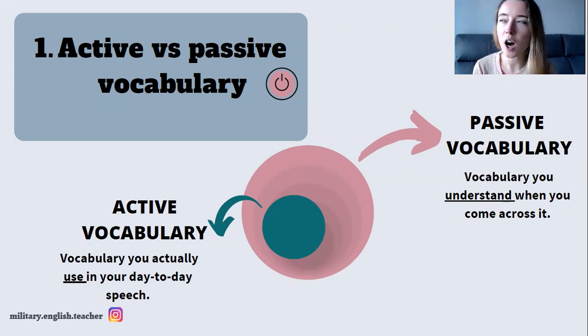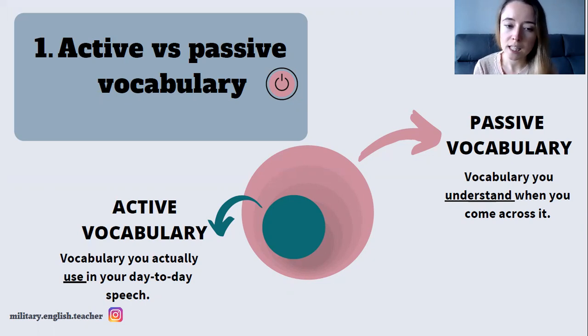Passive vocabulary is all of the words that you know and you recognize when you see them, when you read an article or when you hear them in a song or in a podcast. You recognize those words, but you never use them, because the words that you use in your everyday conversations are the ones that are in your active vocabulary, the green circle.